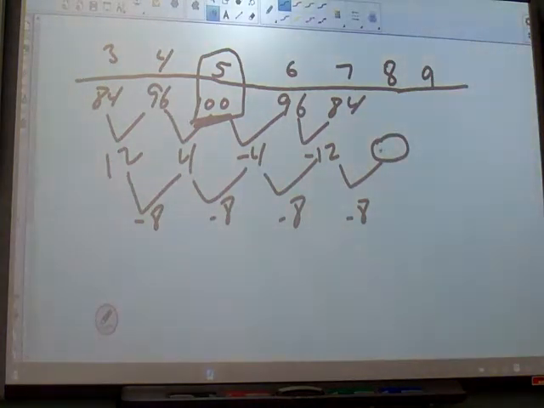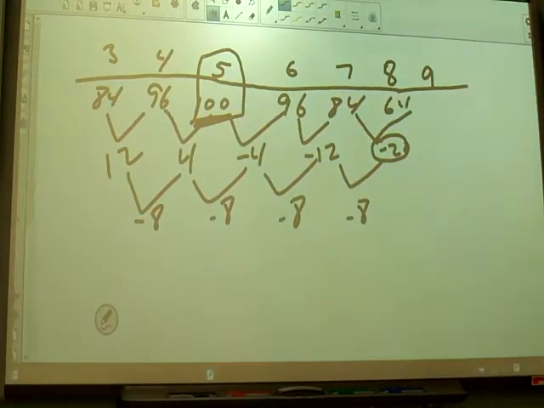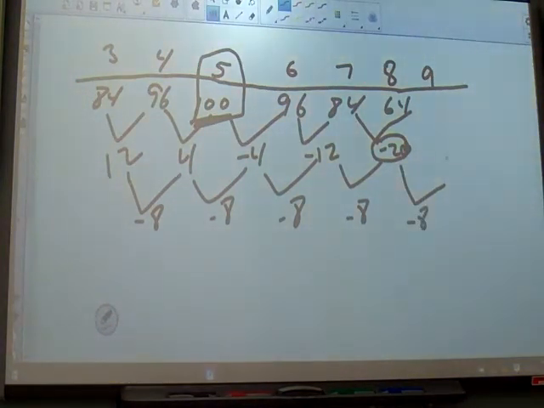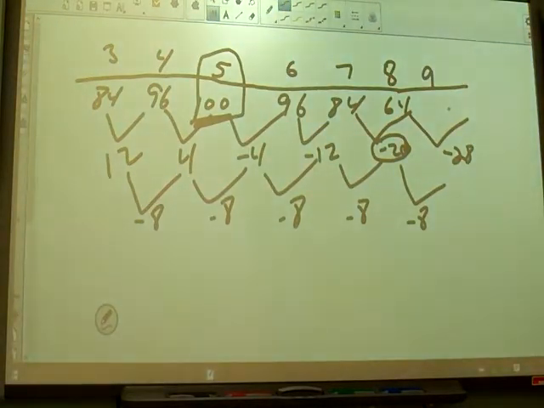Negative 20. So that means from 84, I would have to take 20 off. It's 64. Now I'm at negative 20, and I got to go down another 8. That'd be negative 28. So what would 64 minus 28 be? 36, like Bradley said.